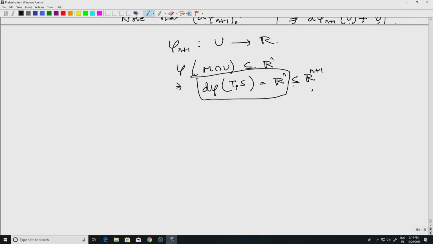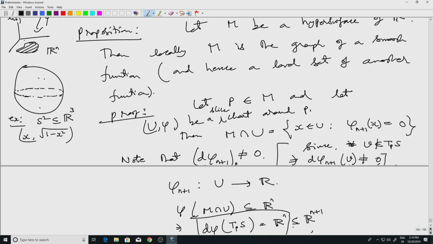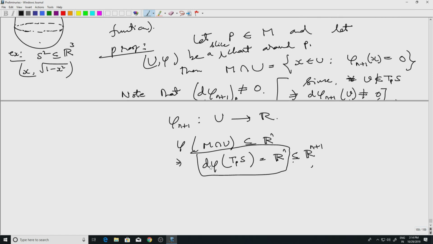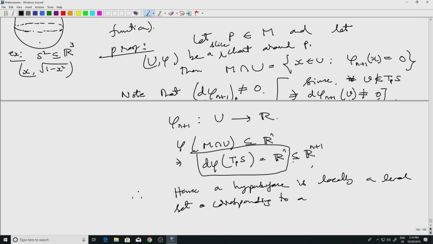What I've shown is that if I start with a hypersurface, I can write it locally as a level set, hence a hypersurface is locally a level set corresponding to a regular value of some smooth function, and that smooth function just came from looking at the last coordinate of a slice chart.